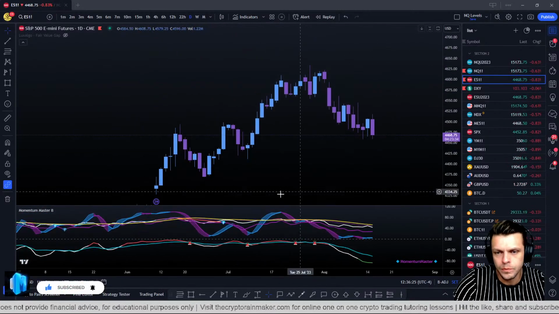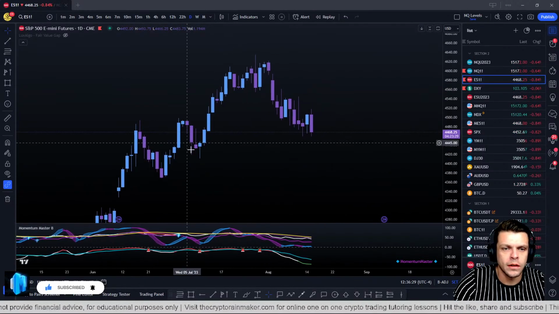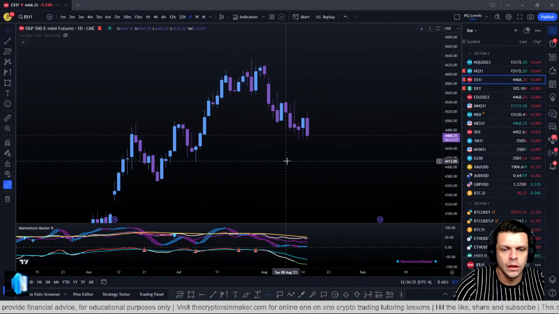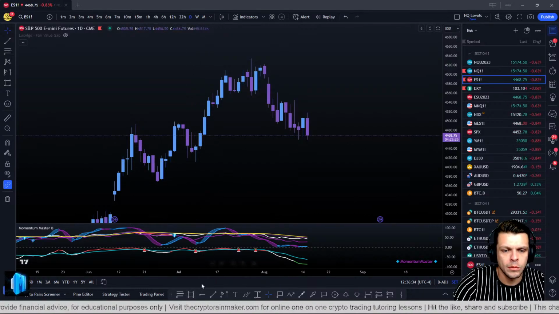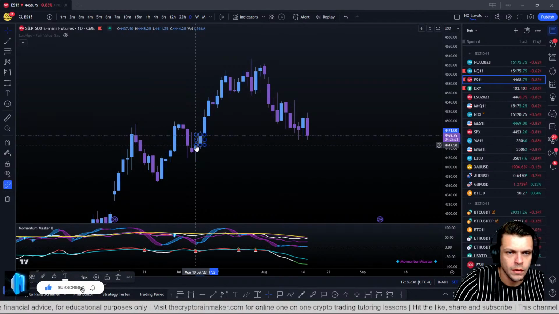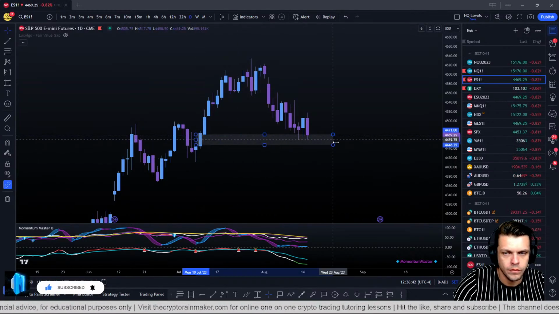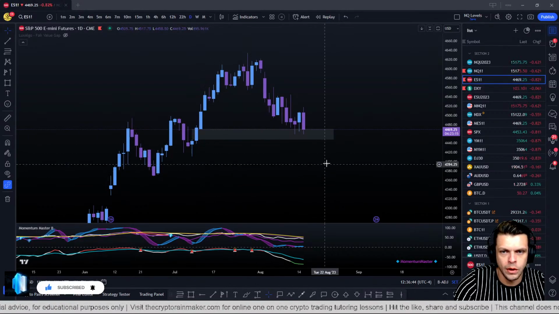Okay, so ES, the interesting thing is that this did not come all the way to the low to take out the liquidity. It only came down to rebalance the fair value gaps that we have right here. And then we also had one right here.